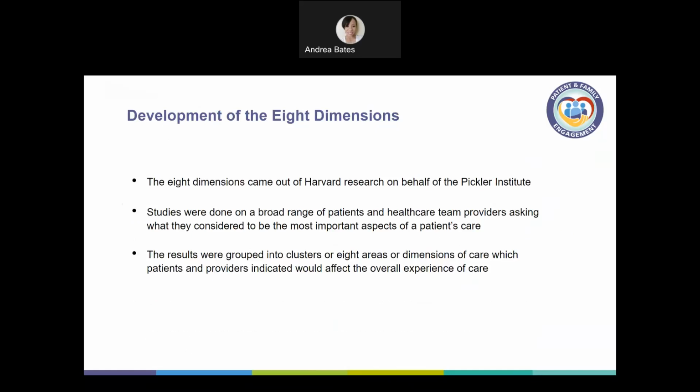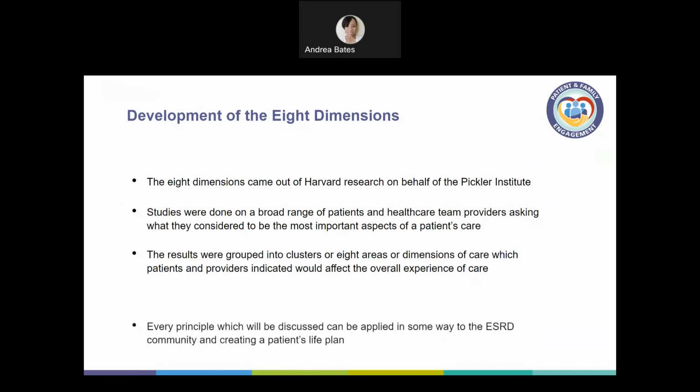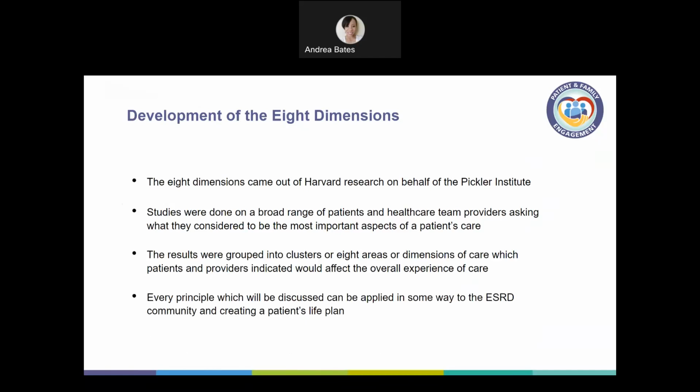The results were then grouped into clusters or 8 areas, which patients and providers indicated would affect the overall experience of care. And every principle which we will discuss can be applied in some way to the ESRD community and creating a patient's life plan.